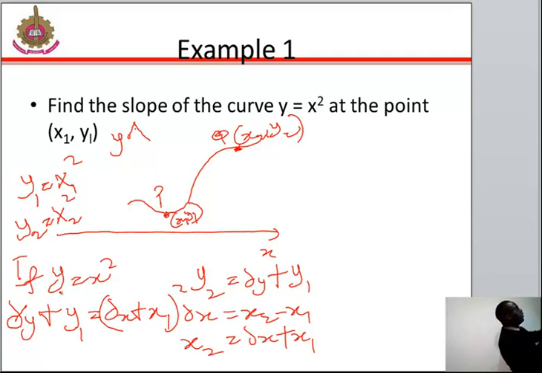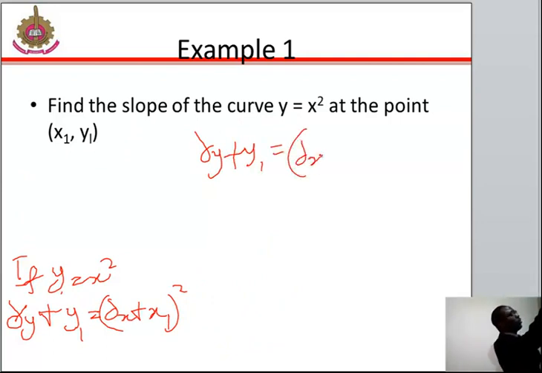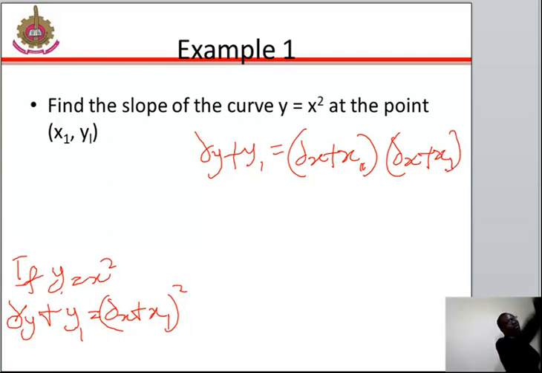Now expanding this, you are going to have delta y plus y1 equals delta x plus x1 times delta x plus x1. That is the expansion of these two.